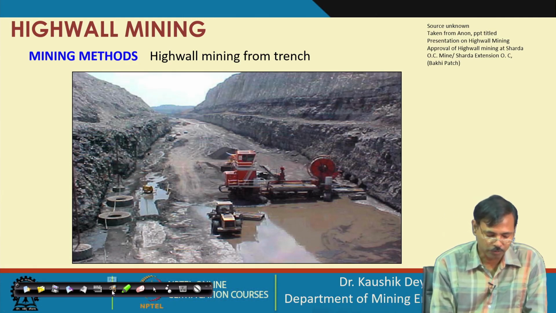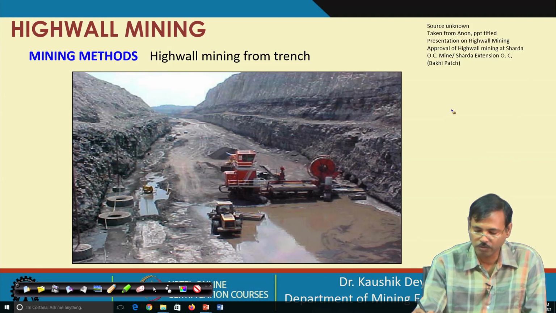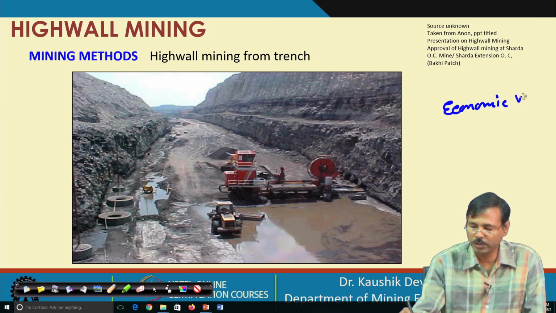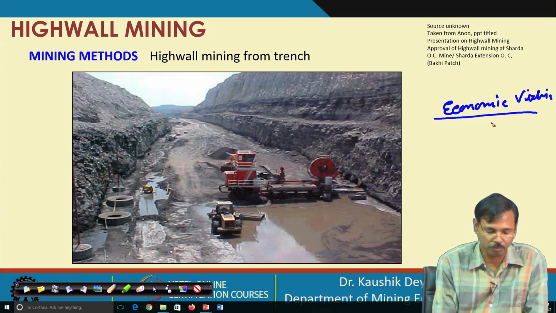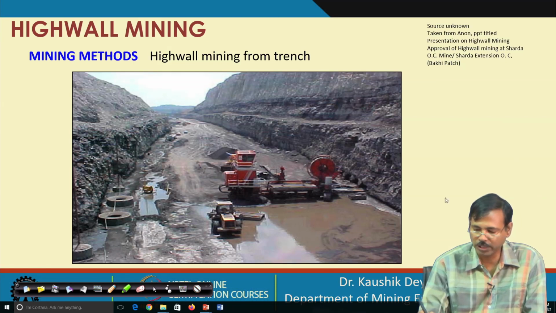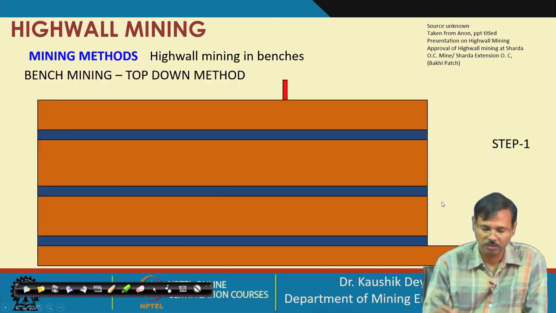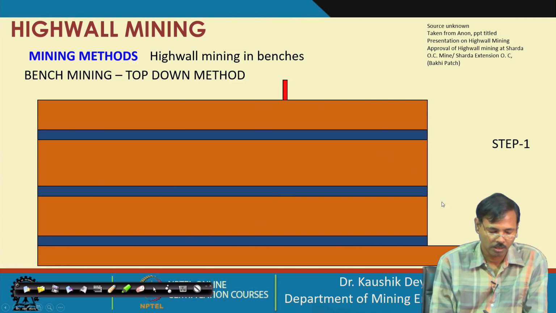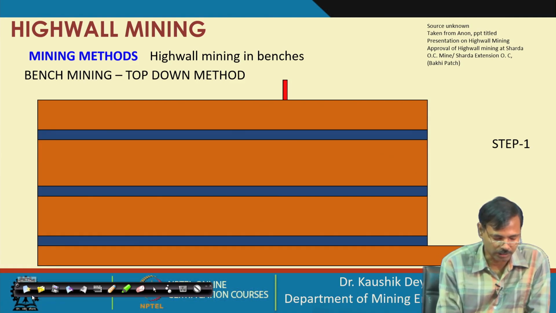So, for these two methods, economic viability is very important, otherwise this method of mining cannot sustain. So, this economic viability has to be tested very carefully for both cases.